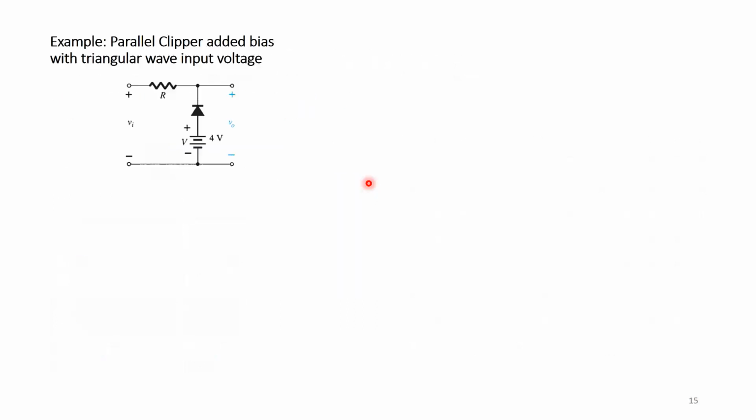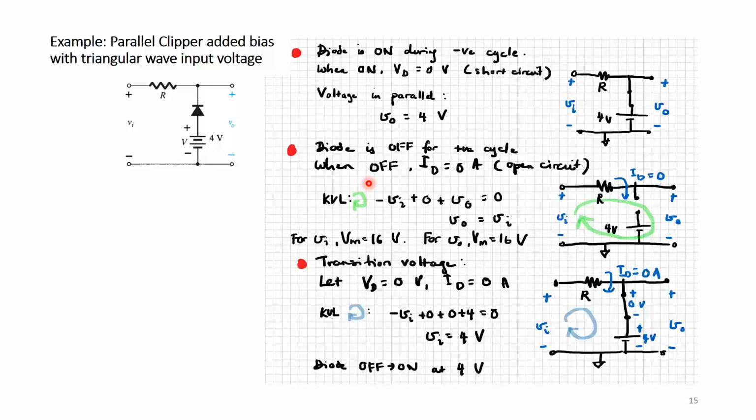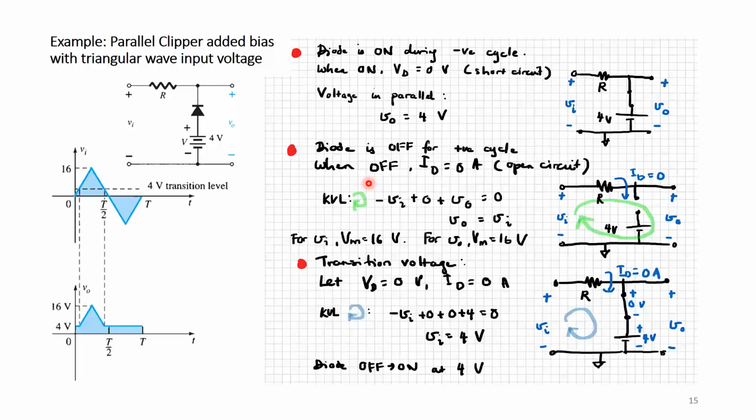Okay, another example of a parallel clipper with added bias, with triangular wave input voltage. What if you have a triangular wave? We know that it will turn on and off depending on the orientation of the diode, whether it forward biases it.